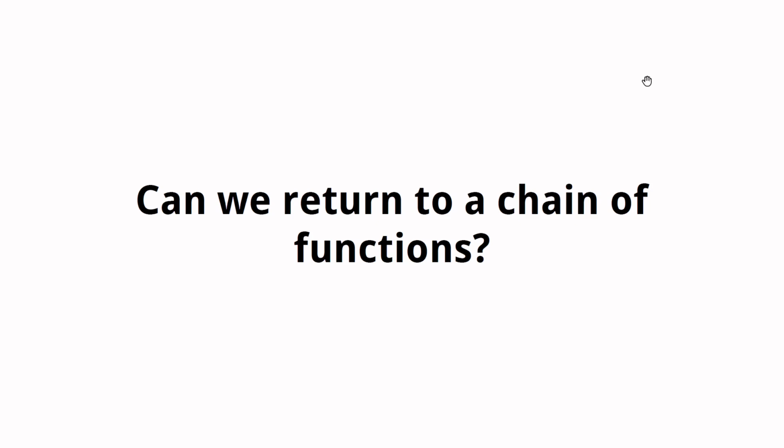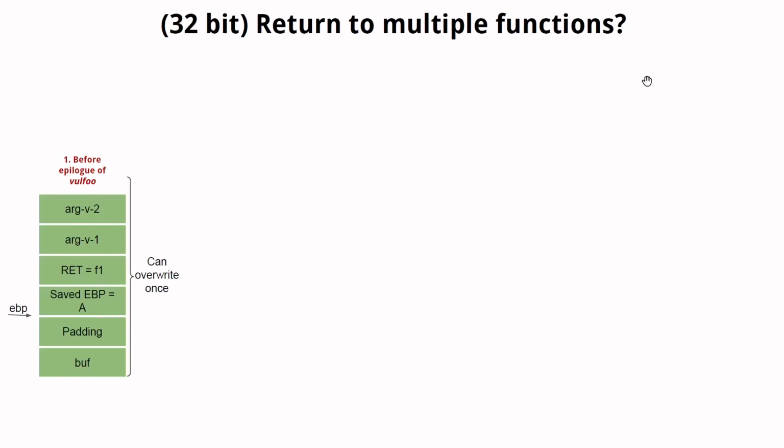They don't overlap. Because of that, it's possible for us to chain many functions as long as they do not take parameters. Let's say this is the stack of vol_foo.